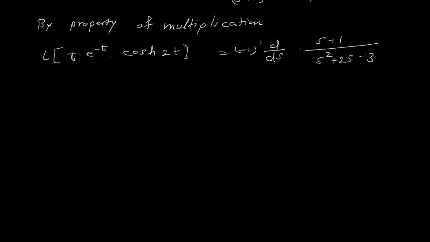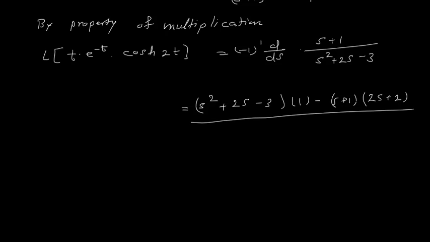So we have to use the derivative of this, the u upon v method. So this is (s square plus 2s minus 3) into the derivative of s plus 1, which is 1, minus (s plus 1) into the derivative of s square plus 2s minus 3, which is 2s plus 2, and the whole divided by (s square plus 2s minus 3) the whole square.